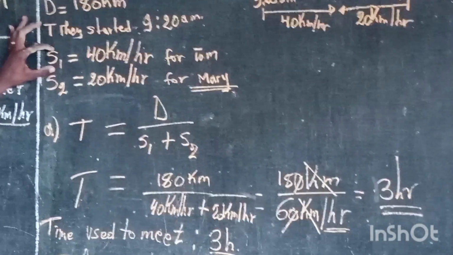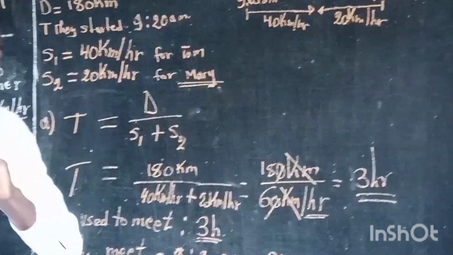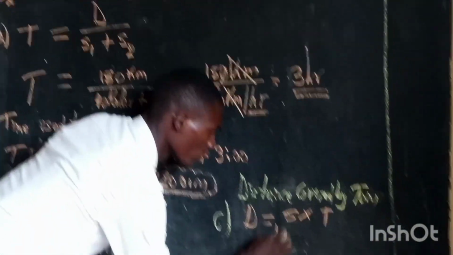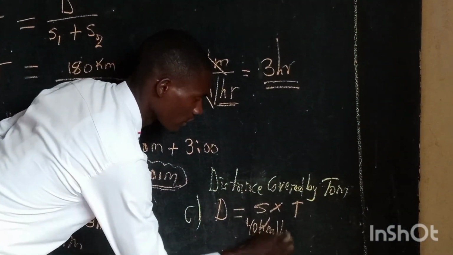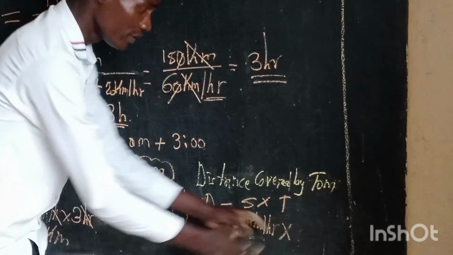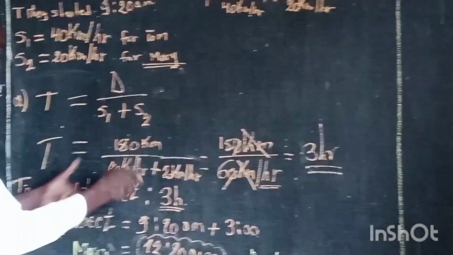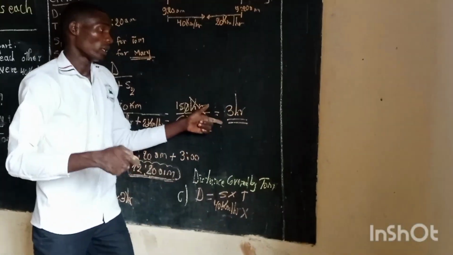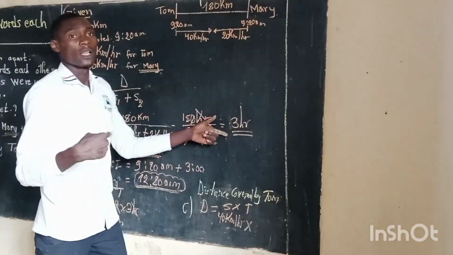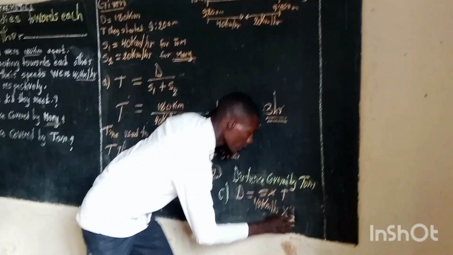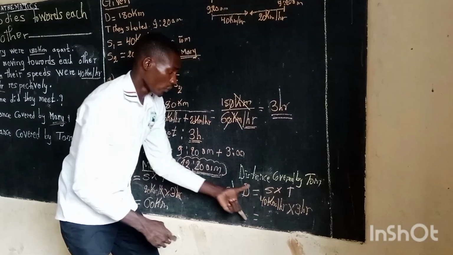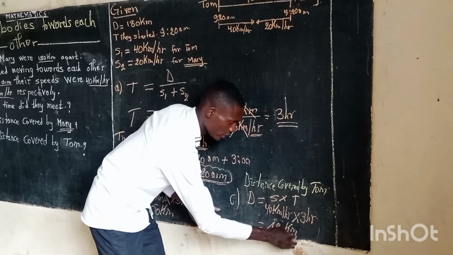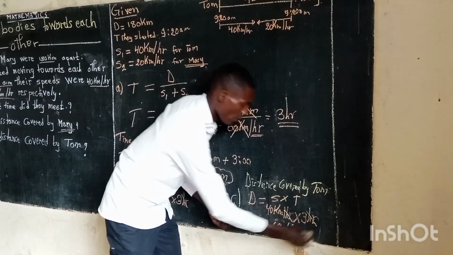Now, we have the speed of Tom which is 40 km/h, and it is what we are going to use in our formula here, which is 40 km/h times the time. Remember that this time is what we are using on both persons, because this time is the time everyone uses to meet another one. So, it is 3 hours where you get the final answer, which will be 120 kilometers. You cancel hours.